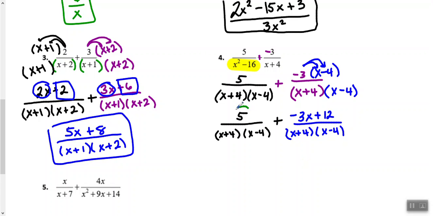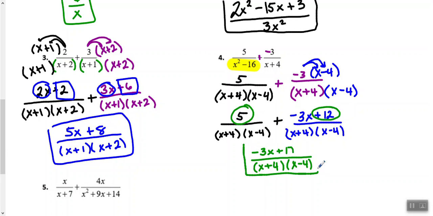Last step is to combine your like terms, which is 5 plus 12. So I still have negative 3x plus 17 all over x plus 4 and x minus 4. And that would be my answer.